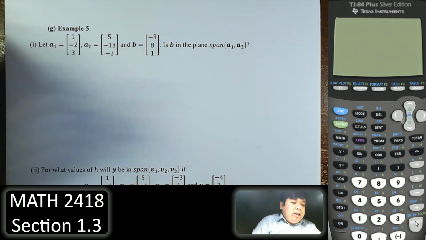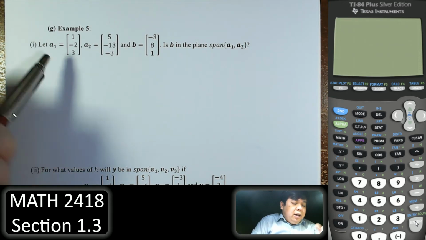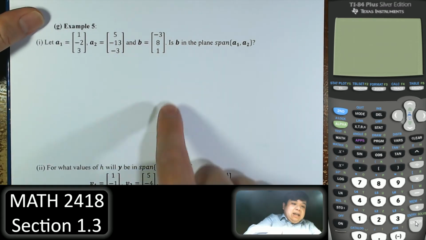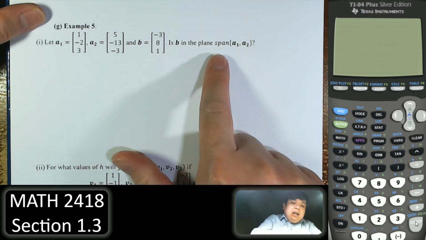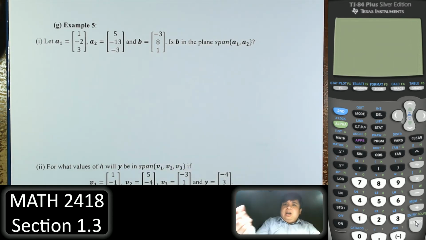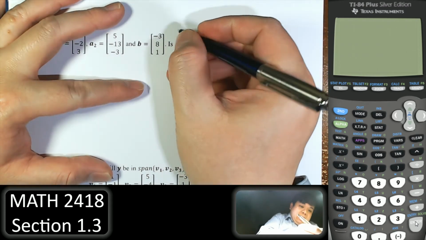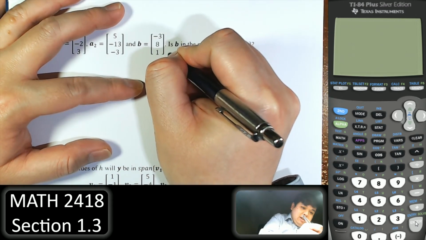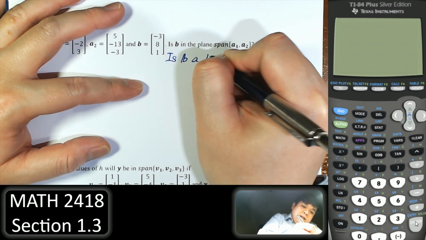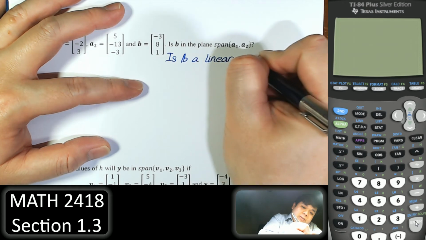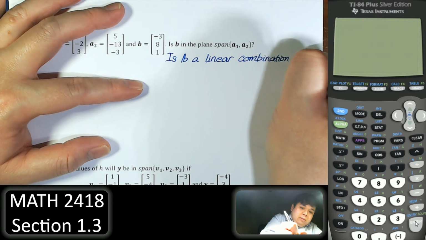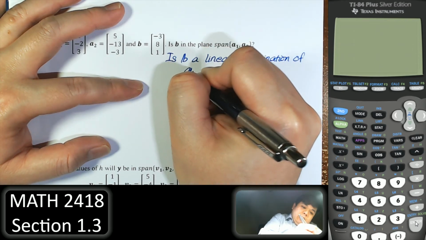Right, now we have more examples. We have these vectors, and the question is: is B a linear combination, is B in the span of A1, A2? This is just the same thing as saying, is B a linear combination of A1 and A2?